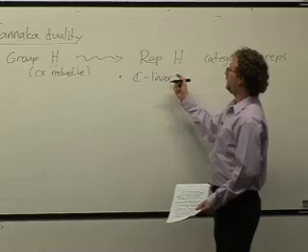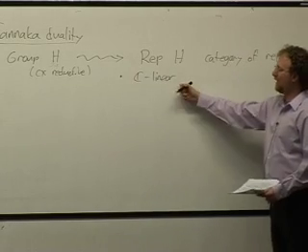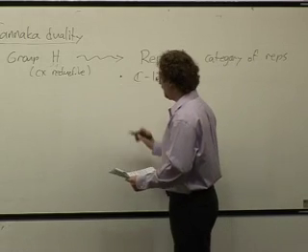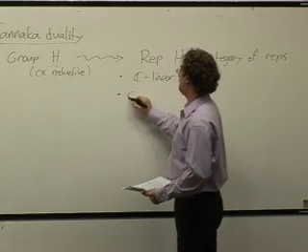So what kind of thing is Rep H? It's a complex linear category. Maps between representations are complex vector spaces. It's a tensor category.